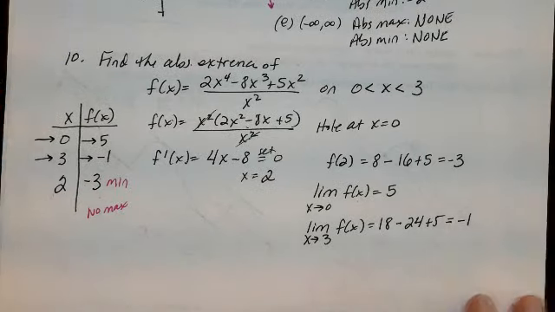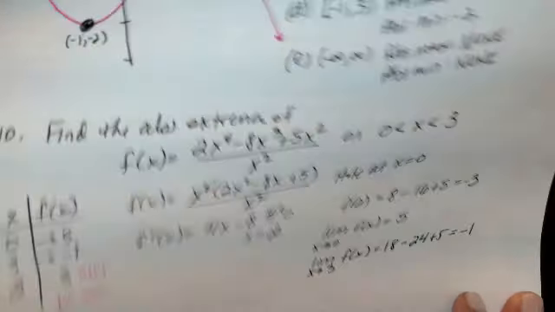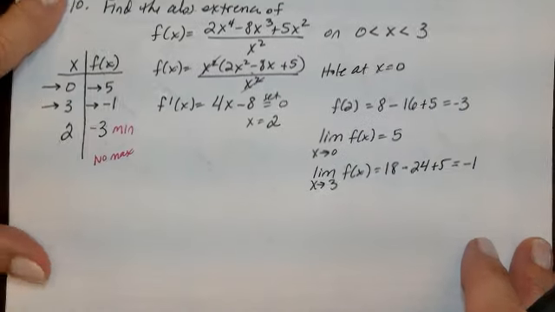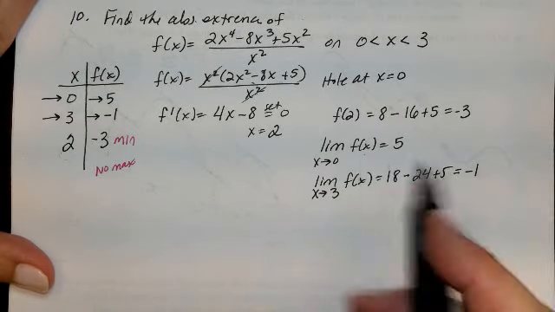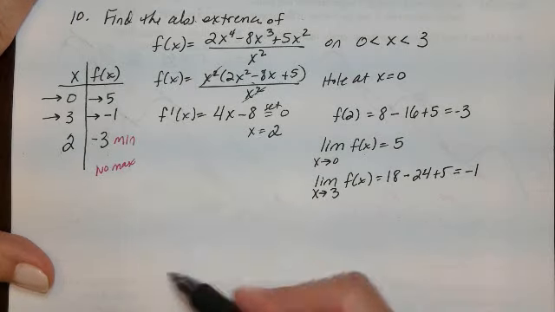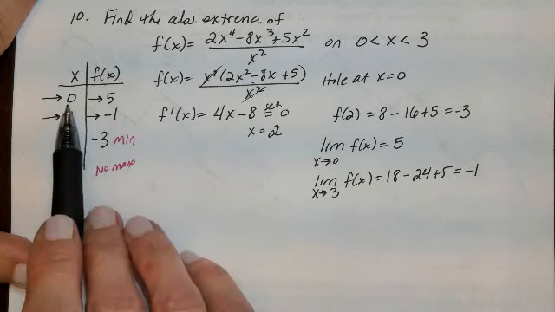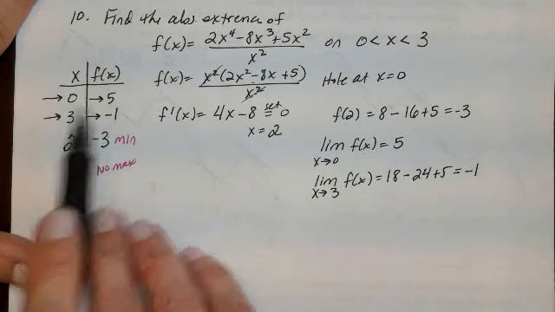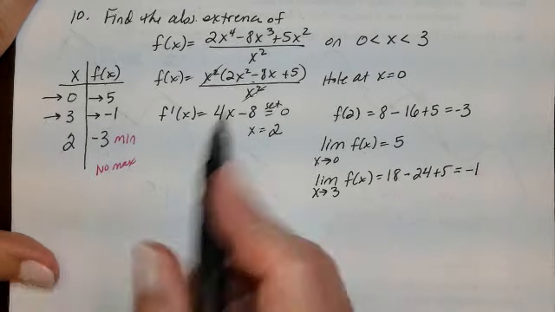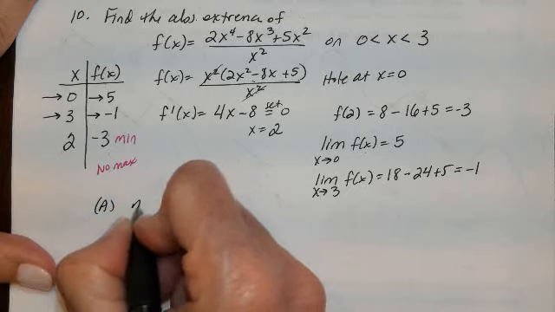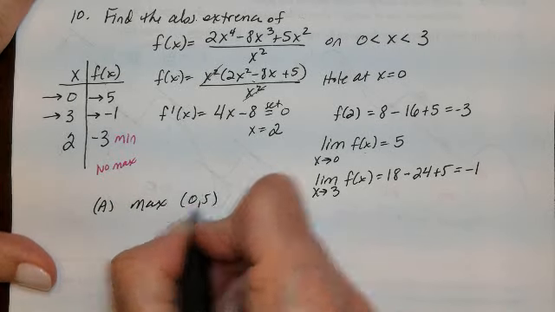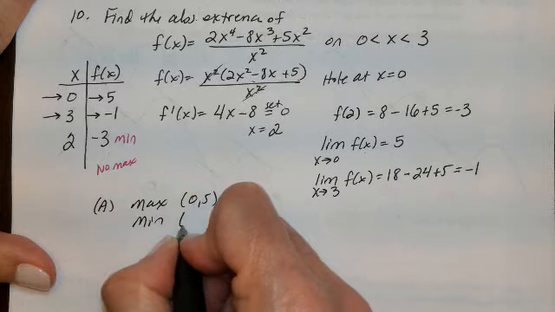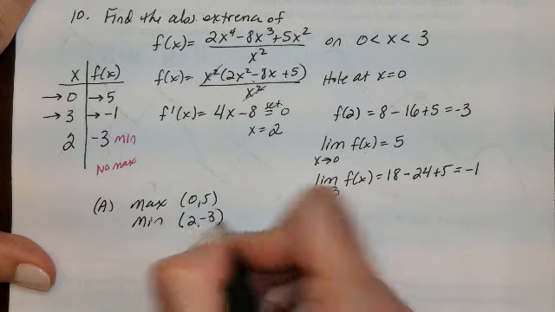Okay, I have seen this on AP exams and on my exam as a multiple choice question. And it would have a variety of answers, and one of them would be maximum at 0, 5. Maybe answer choice A would be maximum at 0, 5, minimum at 2, negative 3.